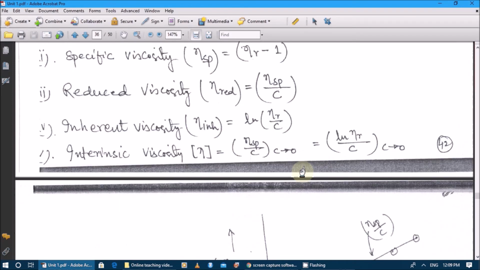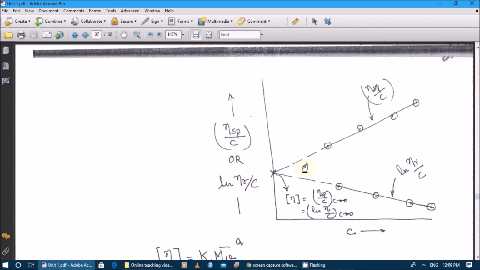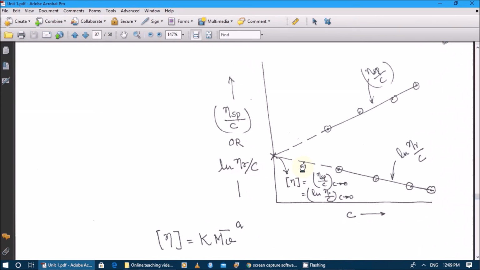Okay, now how can we calculate the intrinsic viscosity? We can calculate the intrinsic viscosity with the graphical approach. We can prepare solutions of 4 or 5 different concentrations of the polymer, and we can calculate eta specific by C and ln eta R by C. So this is the reduced viscosity and inherent viscosity.